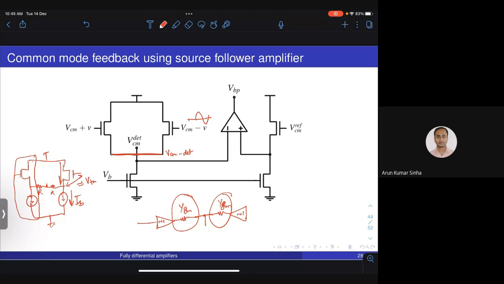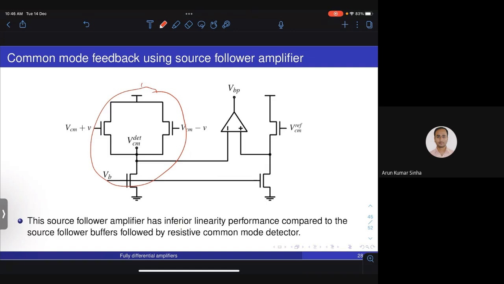And when the voltage is not constant and it swings up and down, the GM changes, and that changes the resistance, and therefore it changes the linearity. It affects the linearity of the common mode detector. So this has inferior performance to the source follower with resistive buffer, but it is used depending on what kind of dynamic range you're looking for. You can use one of all these configurations.